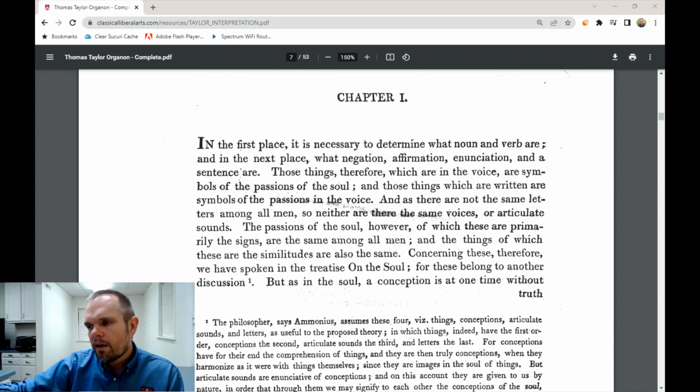And therefore, Aristotle's point here is that they're not natural, but men make them up. We have agreed to use certain symbols to represent certain sounds and certain written words to represent certain spoken words, and that's established by agreement.